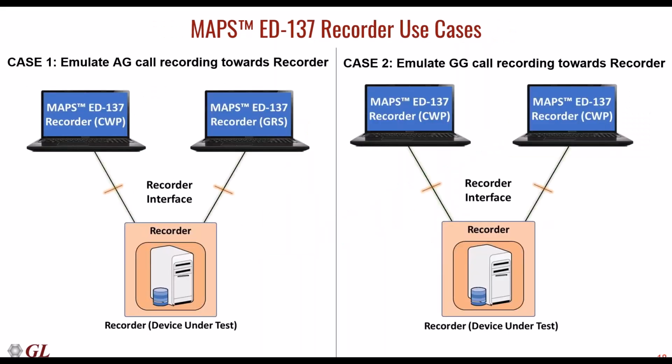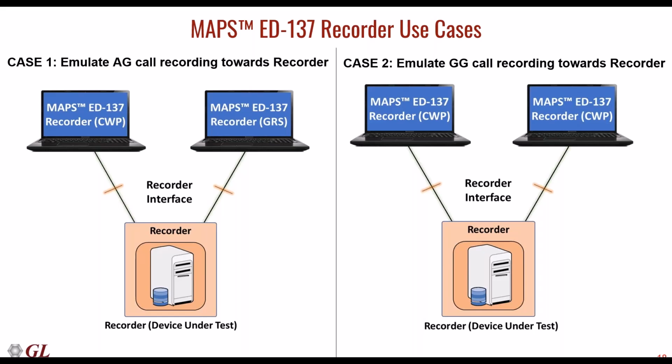So in this slide, we are going to explain some of the use cases. The first use case is the emulator acting as a recording client, either at the CWP or at the ground radio station, and it can simulate the required air to ground and ground to ground calls.